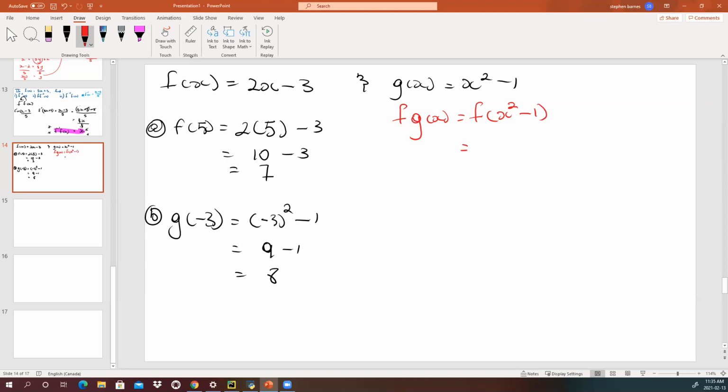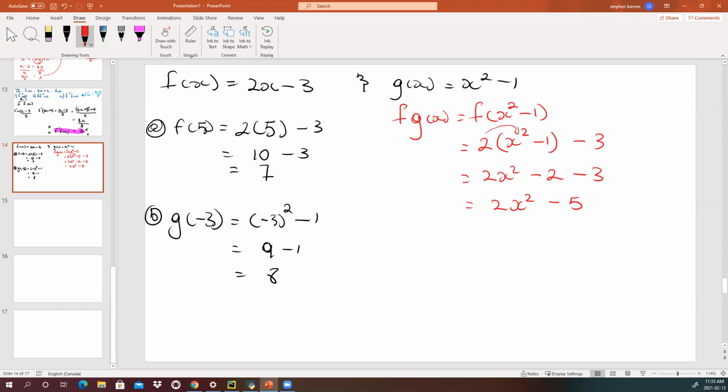So f of g of x would be 2 times x squared minus 1, minus 3. Then we just need to work these out. 2x squared minus 2, minus 3 equals 2x squared minus 5. Great. So that is f of g of x.